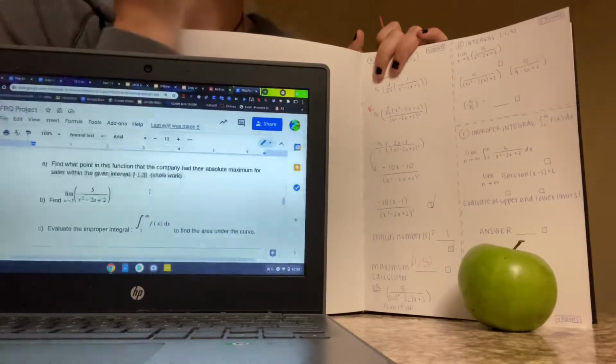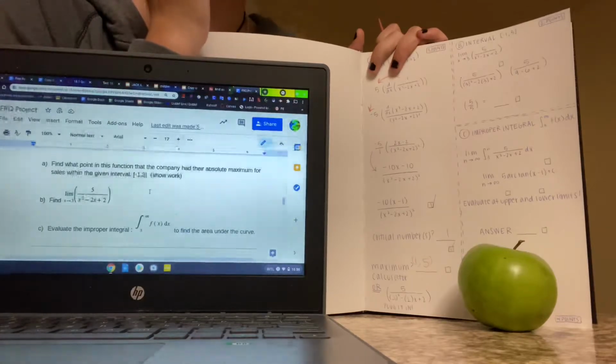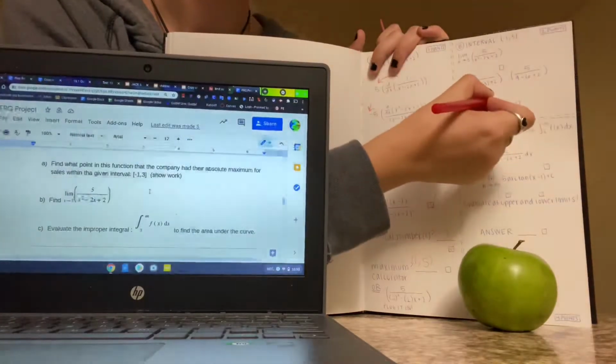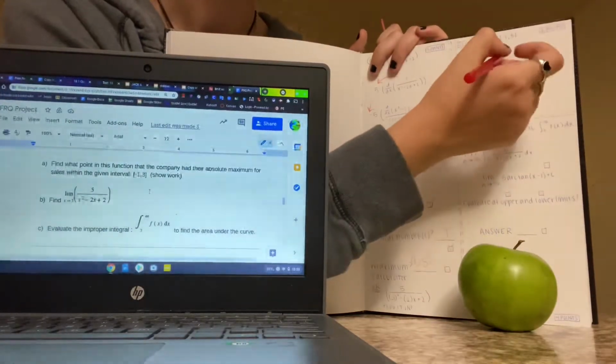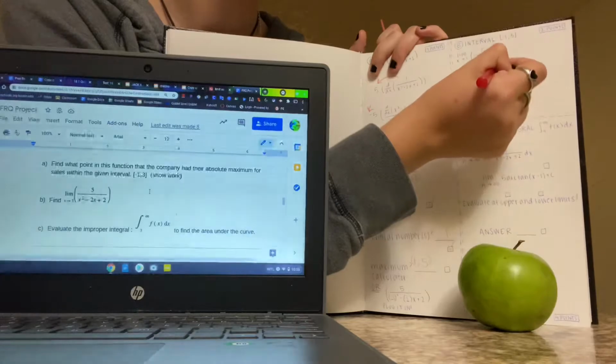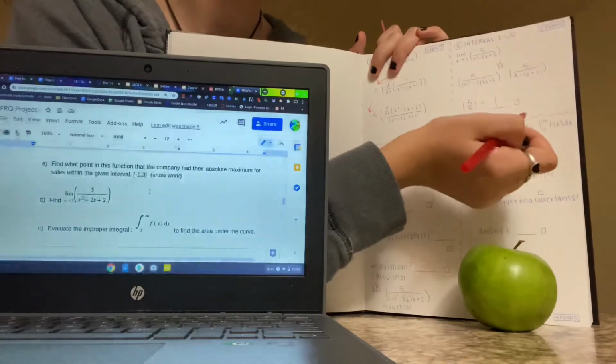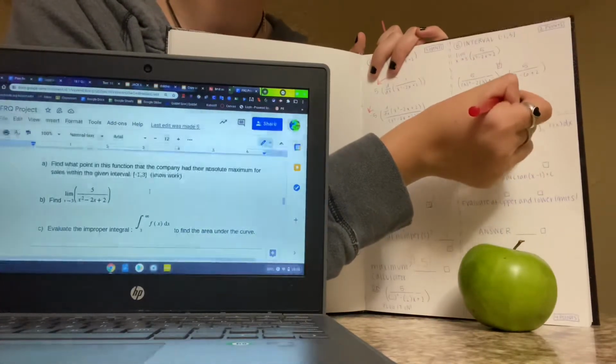You would then substitute 3 in and get 5 over 3 squared minus 2 multiplied by 3 plus 2. Then giving you 5 over 5, which results in the answer 1. The 2 points for this equation would be for the direct substitution here and for the correct answer here.